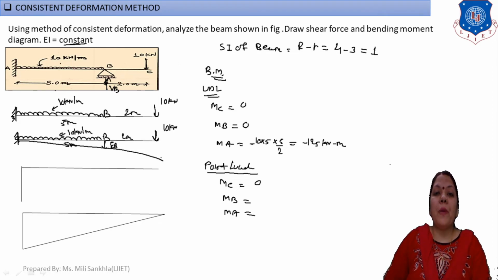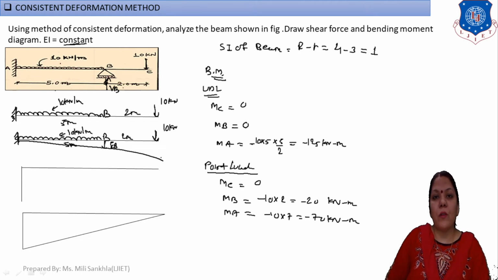Moment at B is 10 into 2, and that is minus, so minus 20. Moment at A is this 10 and this distance 7, minus 10 into 7 is 70, and this is kilonewton meter.